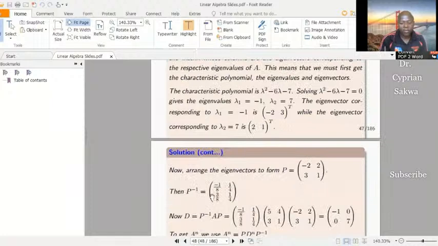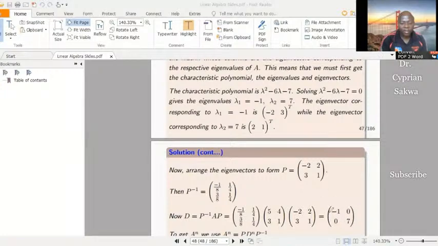So matrix P is just a matrix whose columns are the eigenvectors, and then the inverse matrix. What is the diagonal matrix? The diagonal matrix will be given by P inverse A P. This is P inverse, the one that follows is A, and then you have P. When you multiply that, you get this.